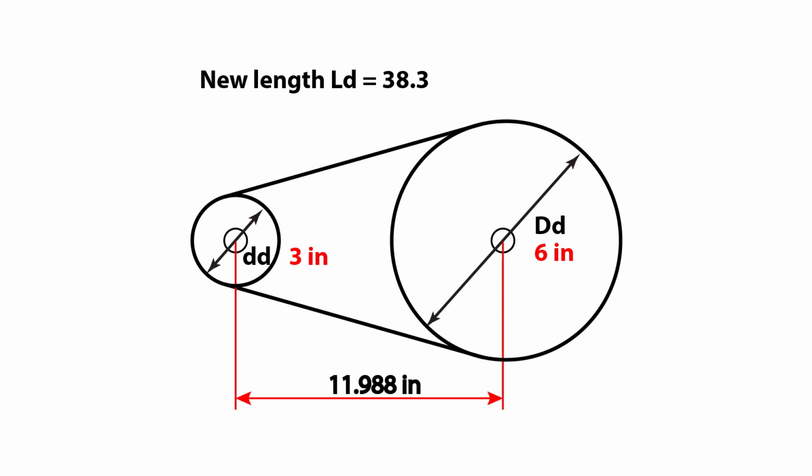This means that when we design our power transmission system, the distance between the 2 shafts where we mount our small and big pulley is 11.988 inch.